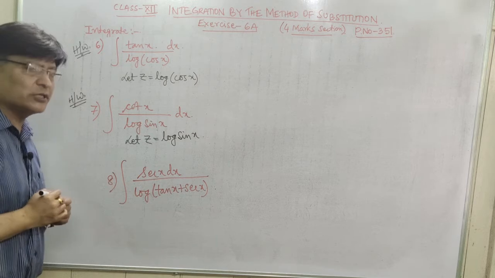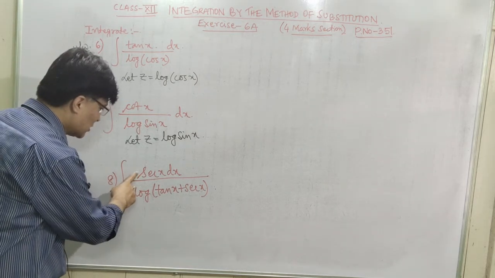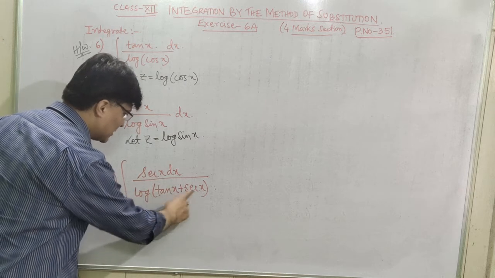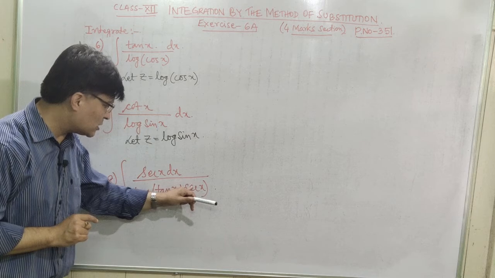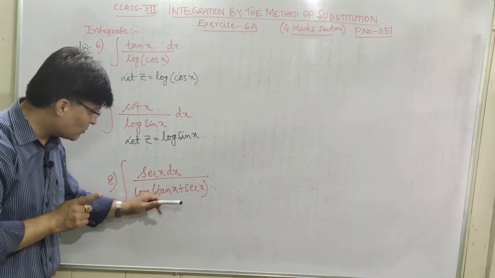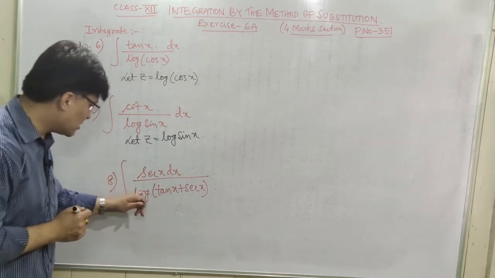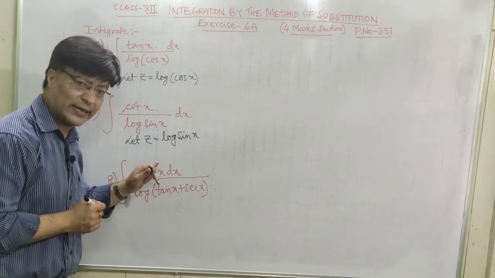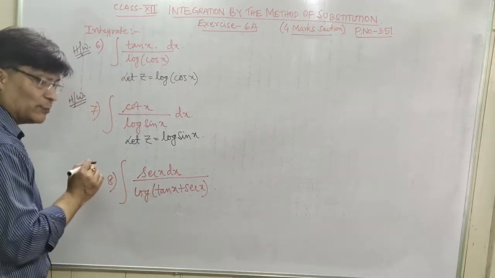So let us do question number 8 here. It is given: the integration of sec x dx divided by log of tan x plus sec x. Now what is the relation between log of tan x plus sec x and sec x? The differentiation of log of tan x plus sec x will be sec x. Is that clear? So we can assume z is equal to log of tan x plus sec x.